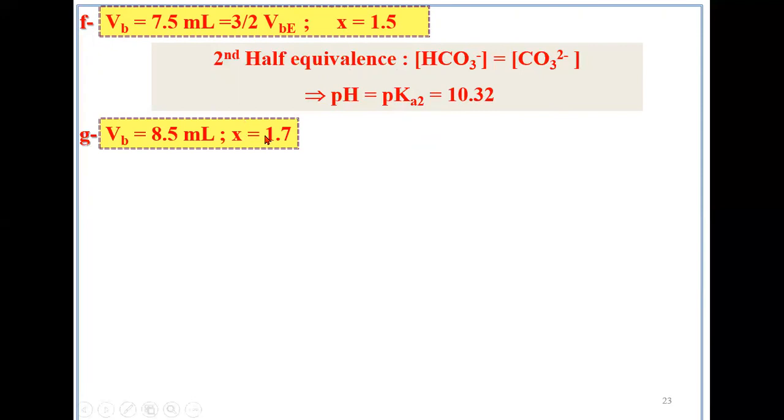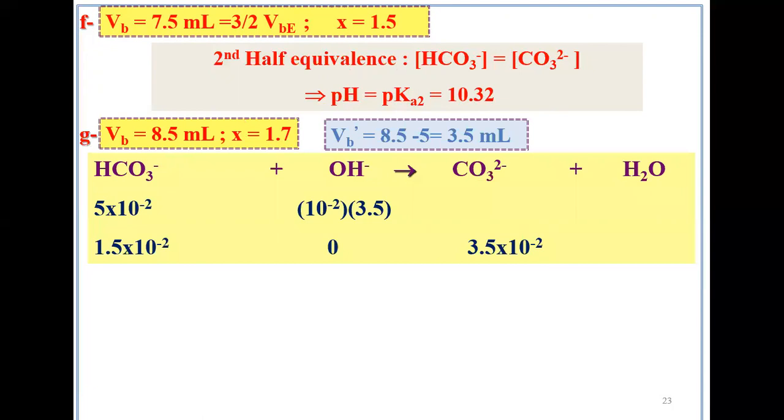Whenever my X now is 1.7 and VB is 8.5, I still haven't reached my second equivalence. And so I'm in this other buffer type region where there's a reaction between hydrogen carbonate producing carbonate, CO3 2 minus, upon reaction with OH.